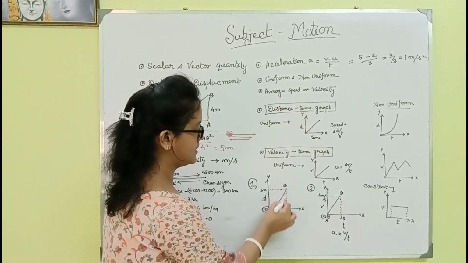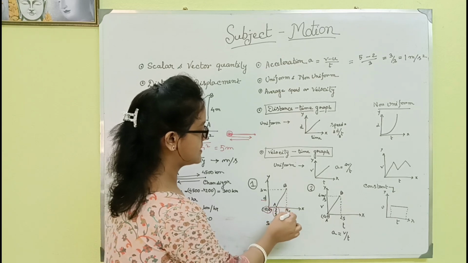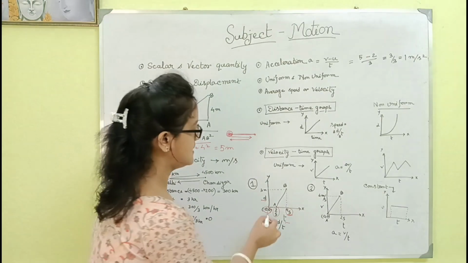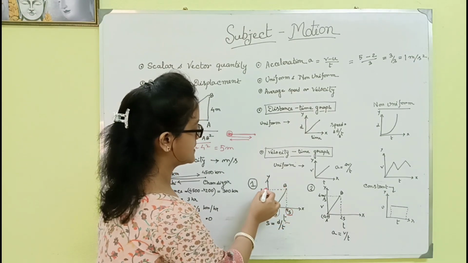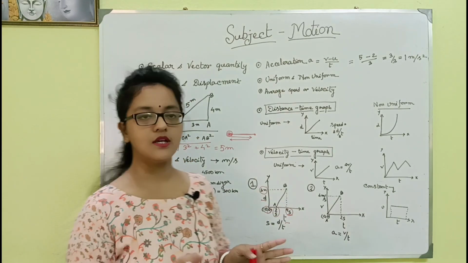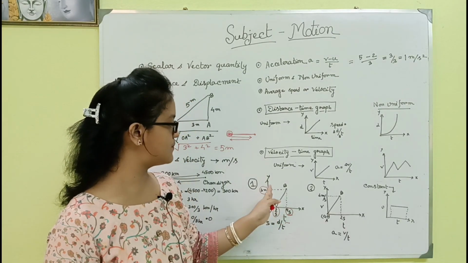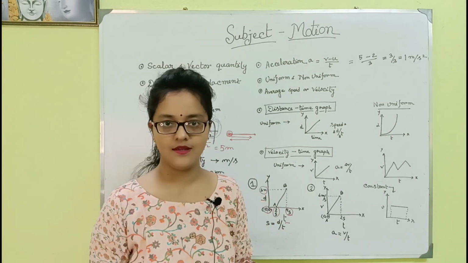At B the time is 5 seconds, and at A the distance is 0, and at B the distance is 3 meters. Now the question is, when the body shifts its position from A to B, what is the speed?